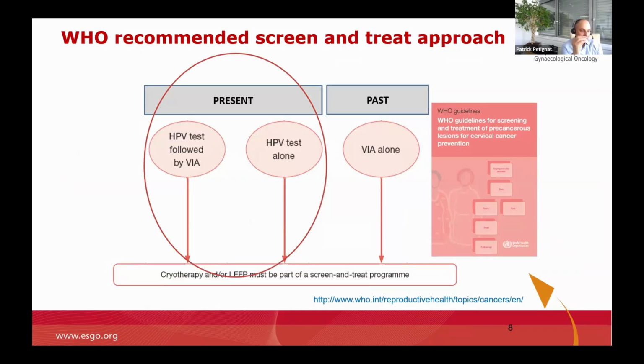HPV is an excellent test and very easy to do now with a new machine, and you have the possibility to do an HPV test and treat. This is one of the recommendations of the WHO. The other possibility is to do an HPV test followed by a VIA triage, because one of the problems is that if you treat all HPV-positive women, you will have a lot of overtreatment. Using VIA to triage HPV-positive women, you reduce the overtreatment.